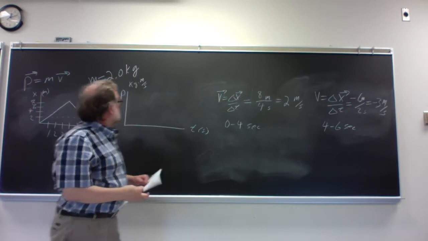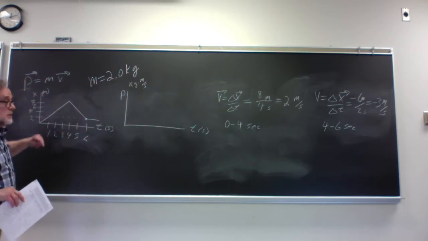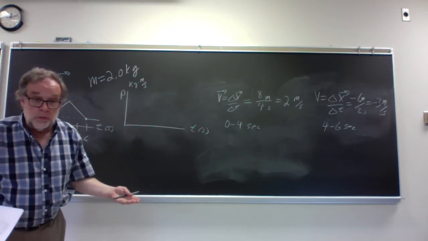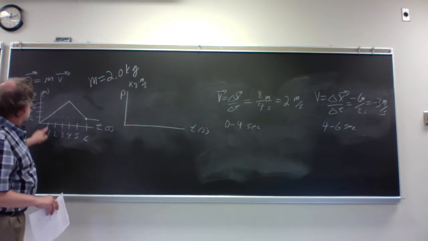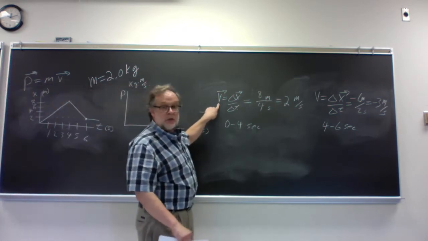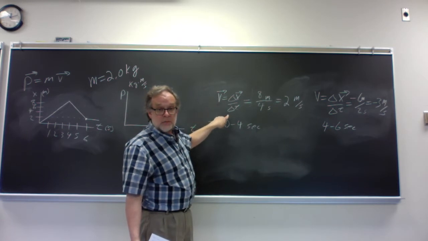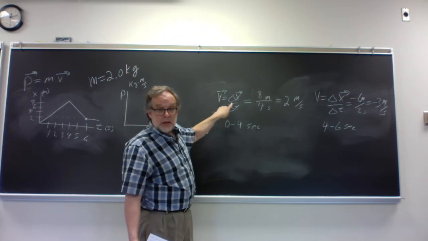So we know the mass, so in order to find the momentum, we need to figure out velocity. Velocity is slope. So for the first 4 seconds here, velocity is defined as change in location divided by the length of time it took to make that change.